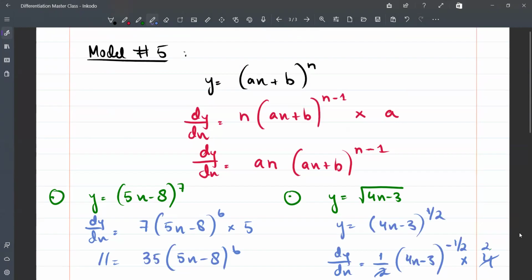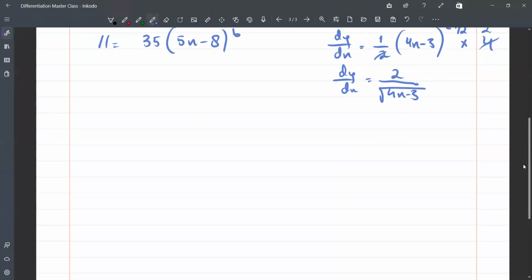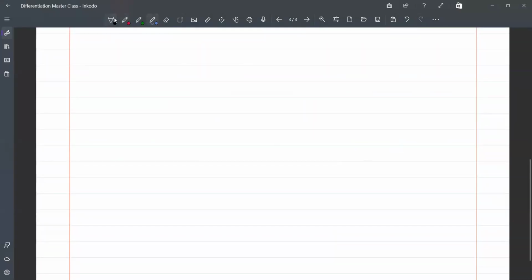So moving on to model 6, which is pretty much the same model. All right. So model number 6.